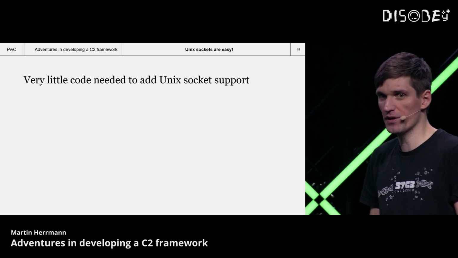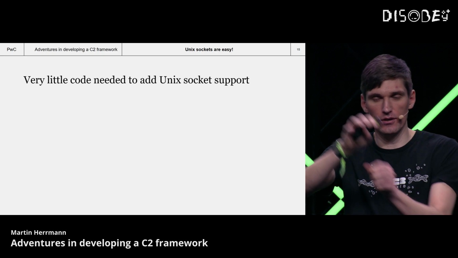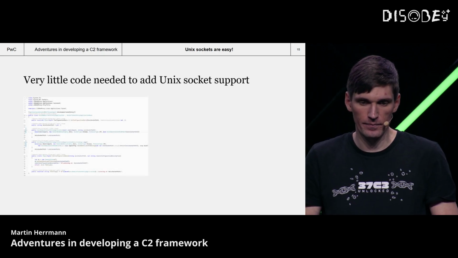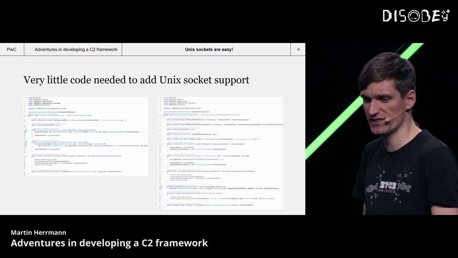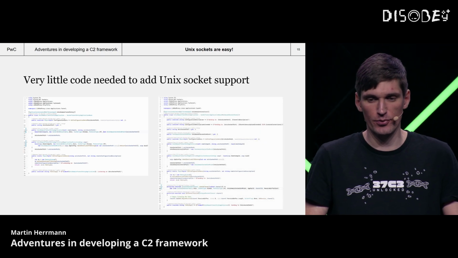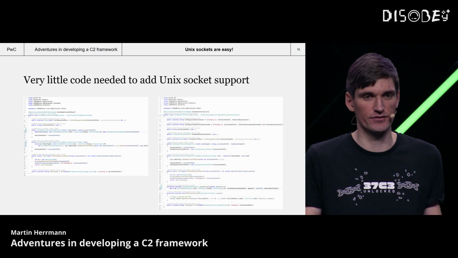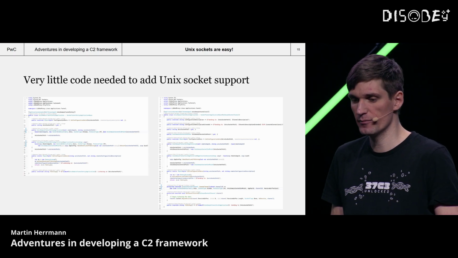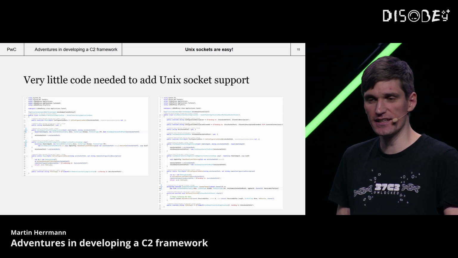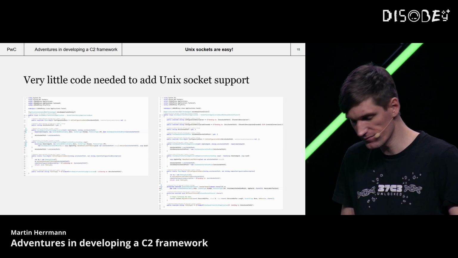We want to be able to forward that from the machine where our implant is to our C2 server. One side of the application was about 40 lines of code. The other side was 50 to 60. So all in all, adding support for Unix sockets was less than 100 lines of code. And that was just beautiful, seeing that it was that easy, because I thought it was going to take me 2 days, and it took me like half a day.